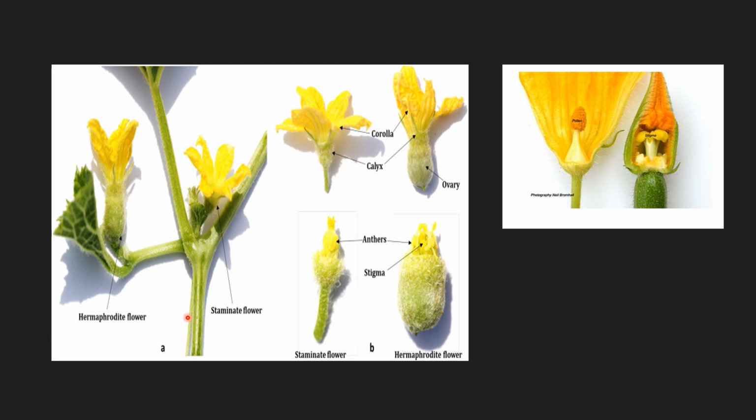As we discussed, the flowers are usually unisexual, having staminate flowers and carpellate flowers. Staminate flowers have only stamens, and carpellate flowers have only ovary. But sometimes the flowers are hermaphrodite or bisexual, and usually they are borne on the same plant.